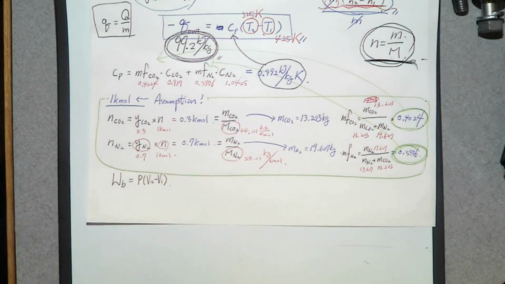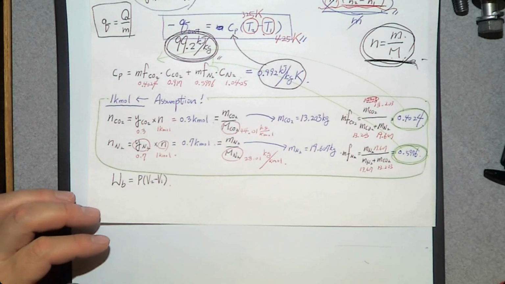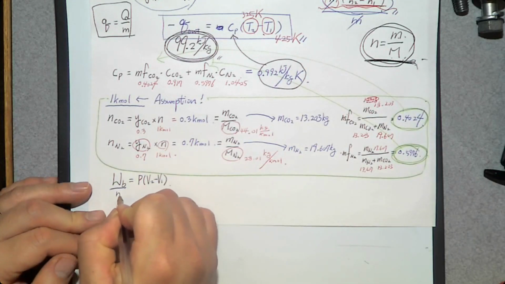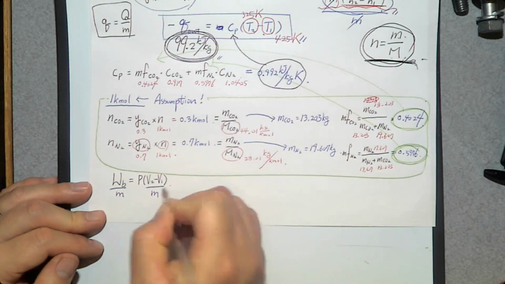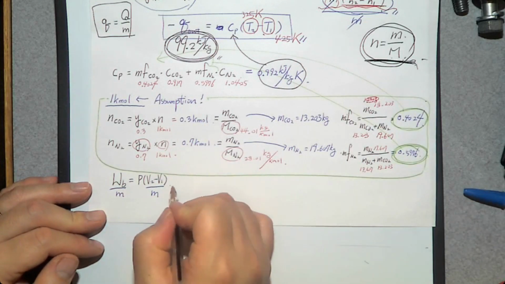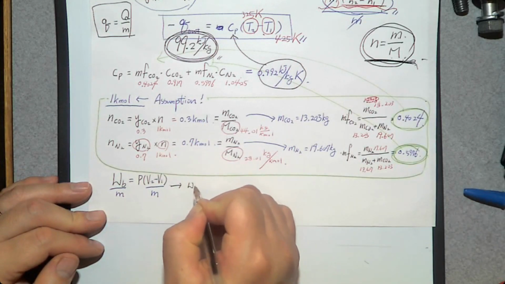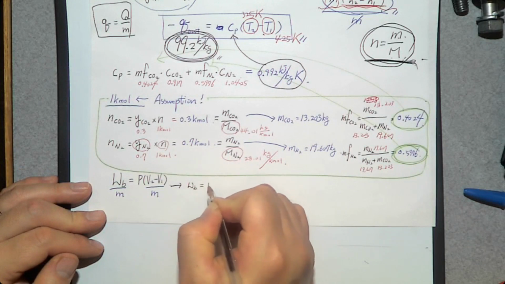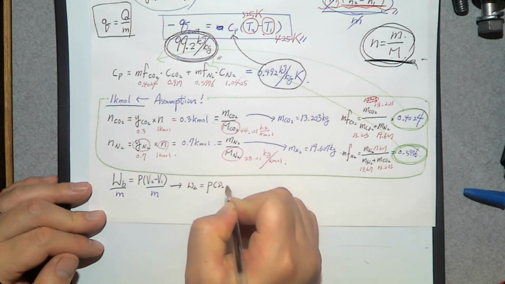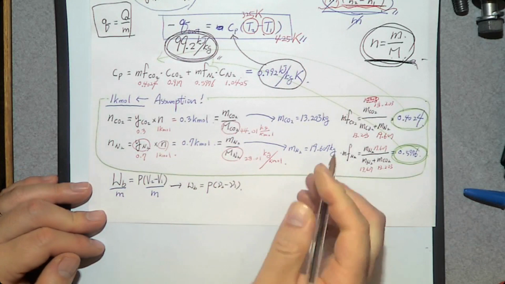But we want to determine the work transfer in kilojoule per kilogram, so let's divide by mass. Then what do we get? Lowercase w_b is pressure times V2 minus V1.